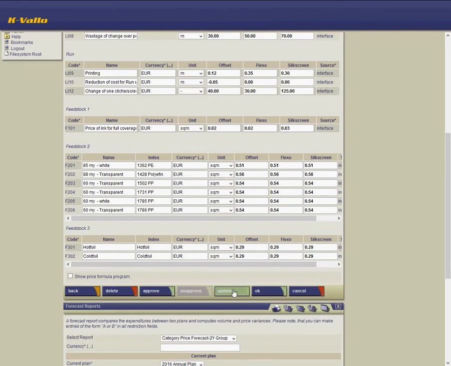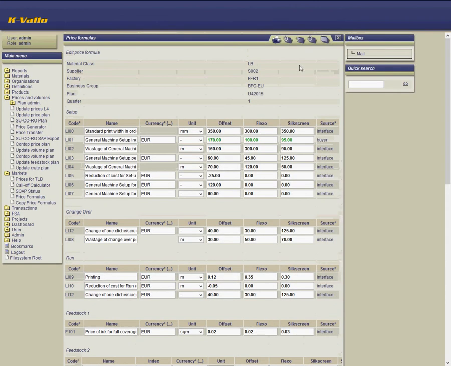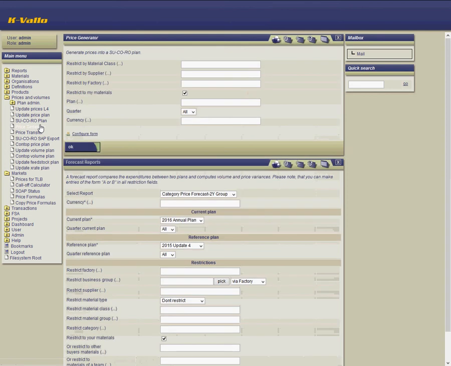So what we do now is we do an update. What we do now is we recalculate all the prices which are subject to this price formula. So we go to the price generator, and we generate a plan.